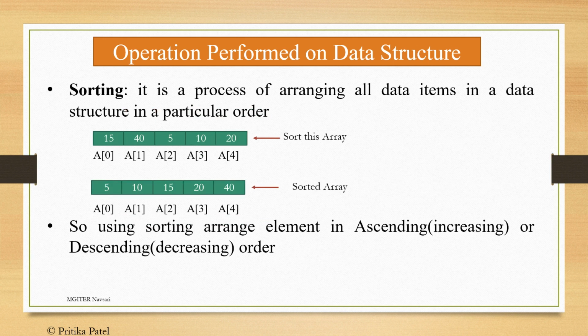Now next is the sorting operation. The sorting operation is arranging data in a particular order, like ascending or descending order. So if we want to arrange the data in a particular order, then by using the sorting operation it is possible.